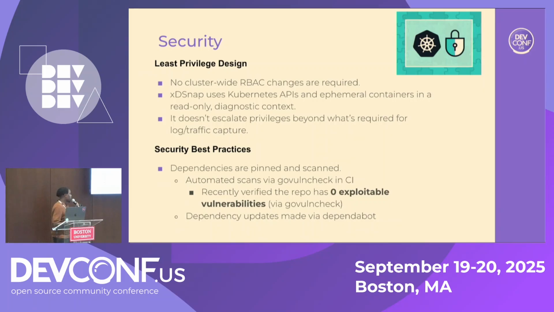And so in the code aspect, we make sure that dependencies are pinned, and there is a Dependabot that automatically bumps your dependencies. And from a vulnerability perspective, we have CI/CD to make sure every pull request is checked for any imports that are vulnerable to the codebase.